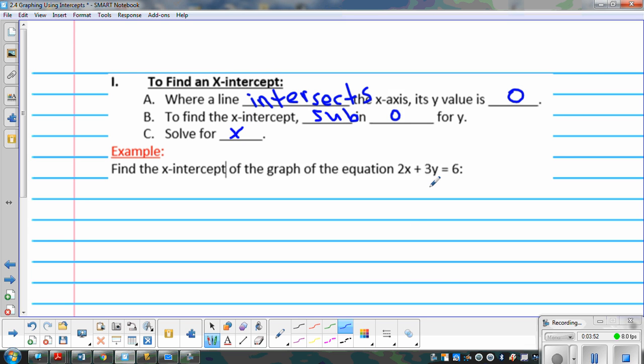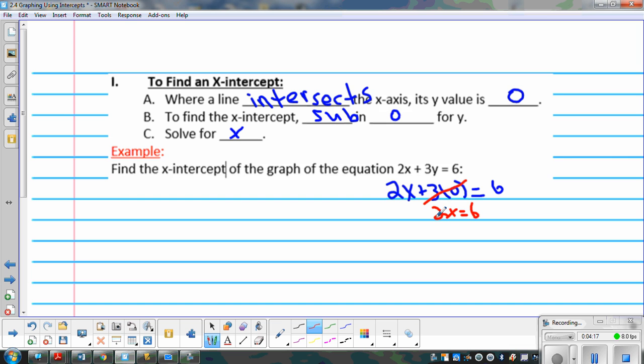So here's an example of what I mean. If we're going to solve for the x-intercept, we want to keep the x, but the y value is 0. And zeros are lovely because when we sub them in and multiply, anything times 0 is 0. So really, our easy equation to solve is just 2x equals 6.